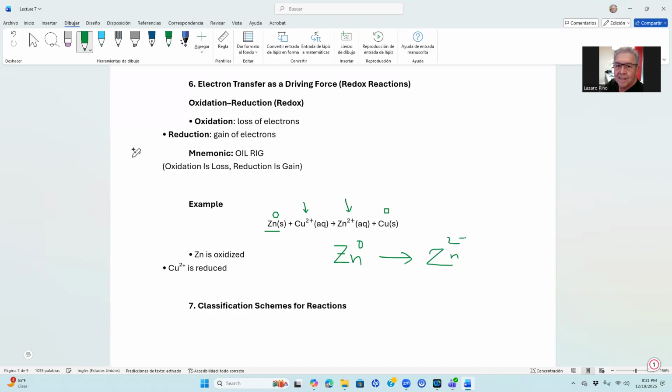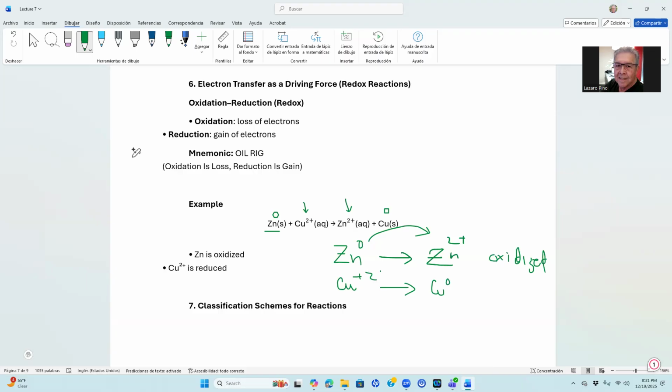When the oxidation number increases, we say that this element is oxidized. But what happened with copper? Copper goes from 2 plus to copper 0.